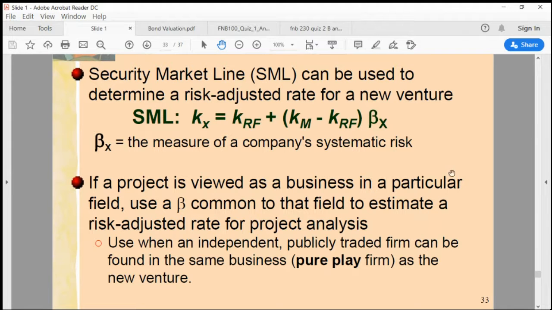Most companies are not just a single division. In other words, Tesla is a Tesla or SpaceX or Boring Company.